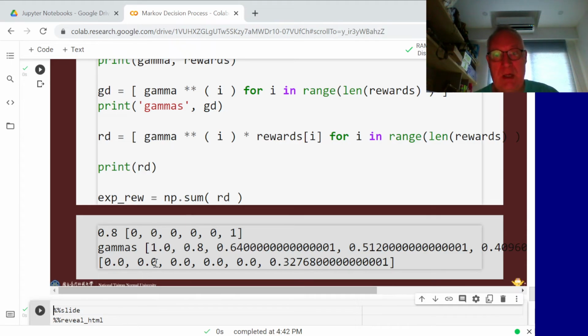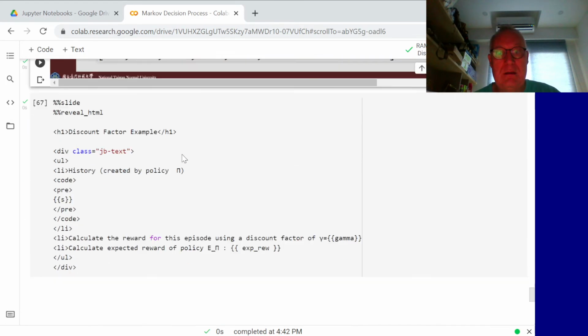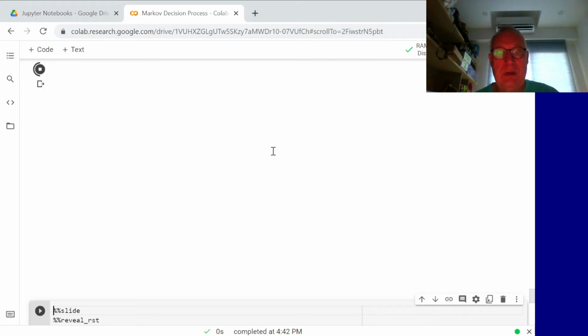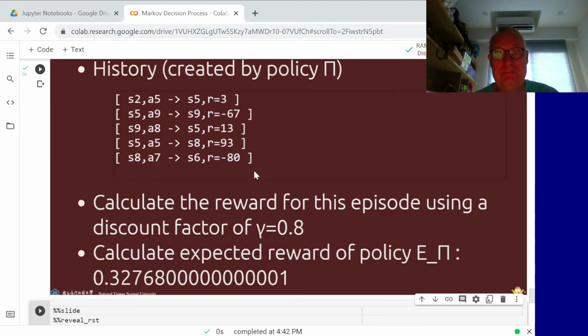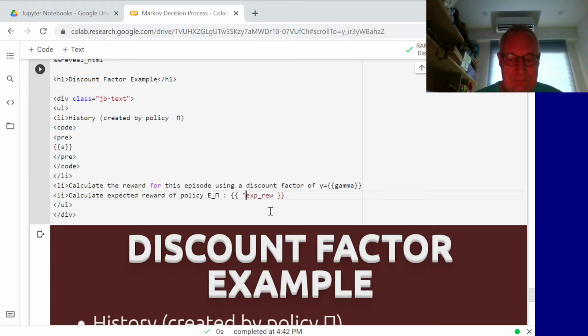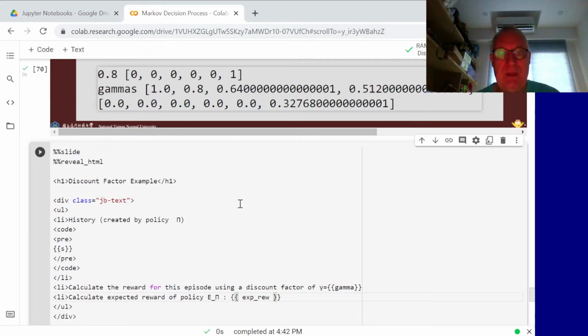Oh yeah, so now it's correct, 0.3276, and then here we have our expected reward. Yeah, never mind. So it'll just be a long number.